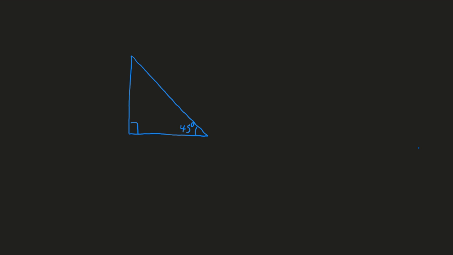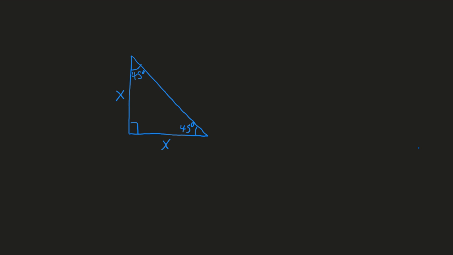And hopefully you should know about triangles that they should always maintain an internal angle of 180 degrees. So if the bottom left-hand corner is 90 and one side is 45, that means the other angle also has to be 45. Now, since both of the angles are 45, right, they're equal, if ratios between sides are the same, then it makes sense that both of these sides are going to be equal to themselves. So if one side is x, the other side is also going to be x.